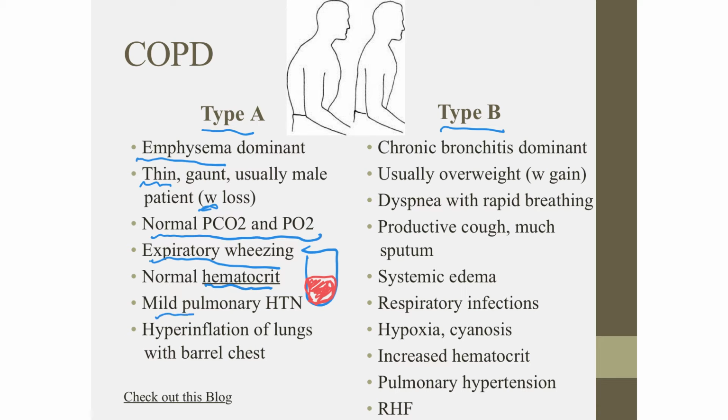Mild pulmonary hypertension. Pulmonary hypertension refers to physiologic changes to vessel tension within the lungs. When you have these changes to the lung vessels, which are typically the most compliant vessels in the body, that changes almost the entire physiology of blood flow through the lungs itself.